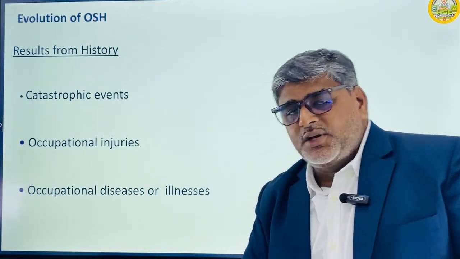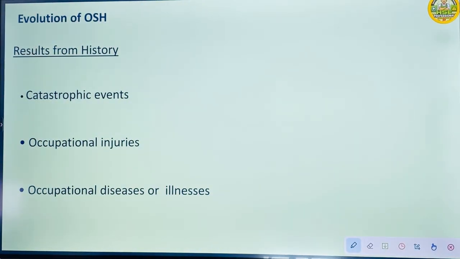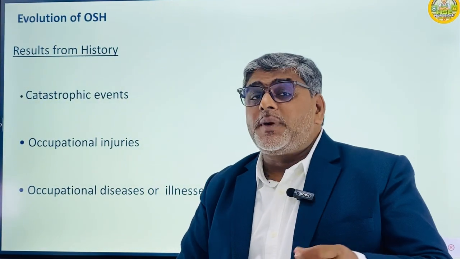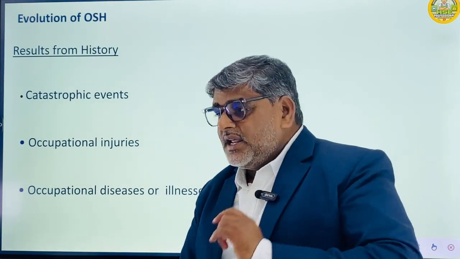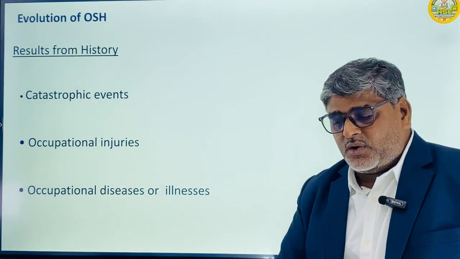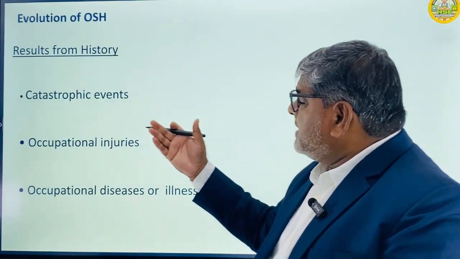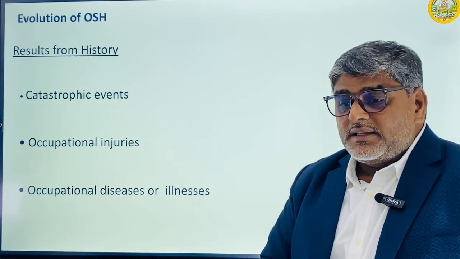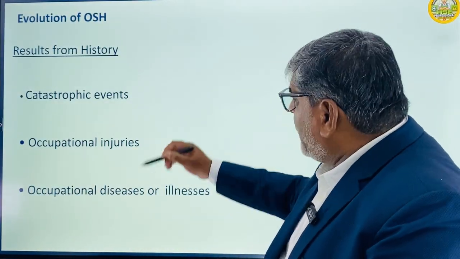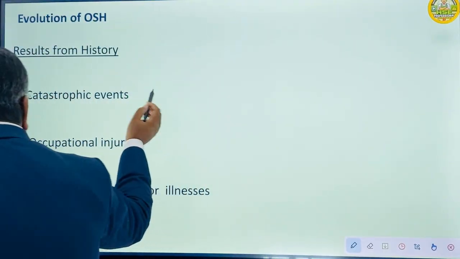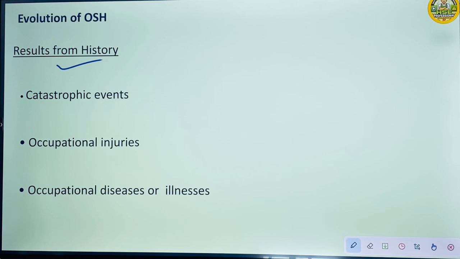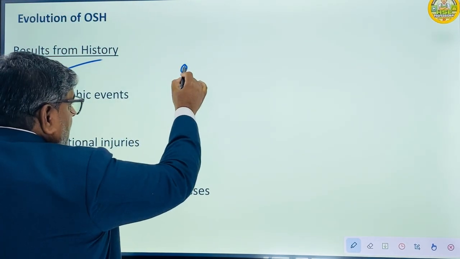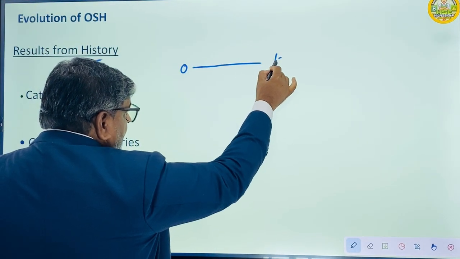In the first video of occupational health and safety, we came to know the evolution of occupational health and safety, how it came into existence. During the assessment and briefing of all this, the scholars and researchers found that 3 points were noted from the history of evolution. Evolution starts from point 0 and reaches 10.